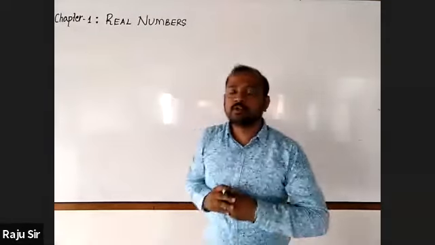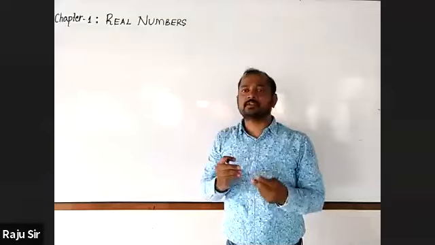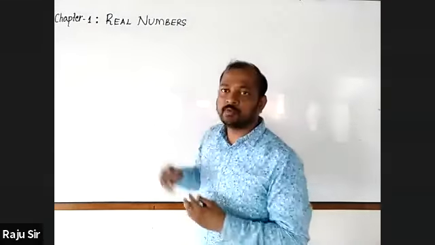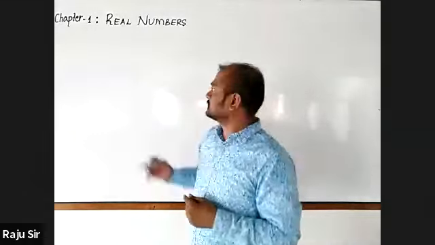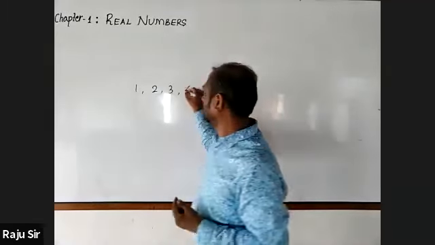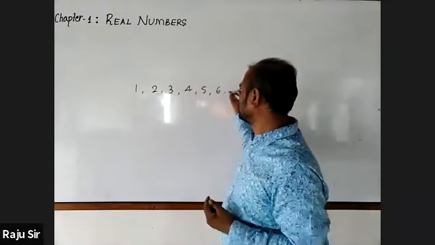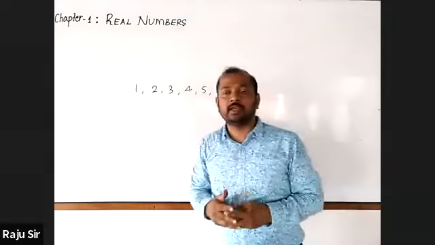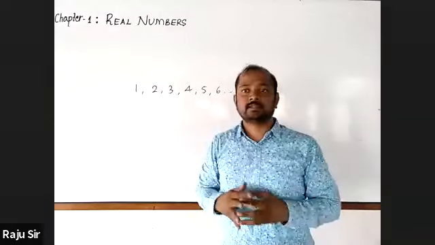Now, let's move on to the next type. Before going to that, let us recall the concept we had learned in the last class. We are very familiar with the natural numbers. They are 1, 2, 3, 4, 5, 6, and so on. We have also learned how to identify even numbers as well as odd numbers.